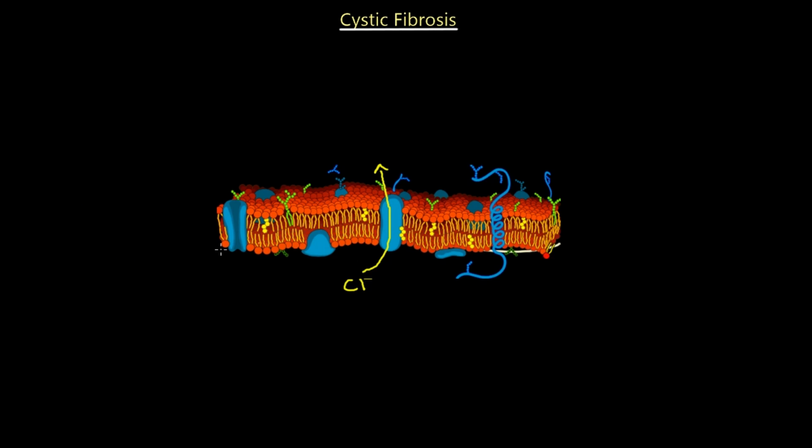Because the cells retain a lot of water, as the water stays in the cells and builds up because the ions are not being filtered out of the cell, there's a buildup of thick, dry mucus that cannot be effectively removed by simply coughing.